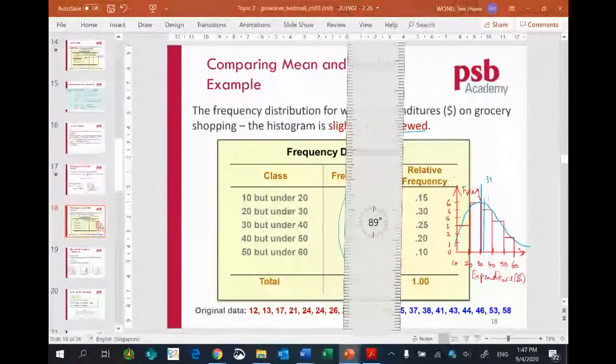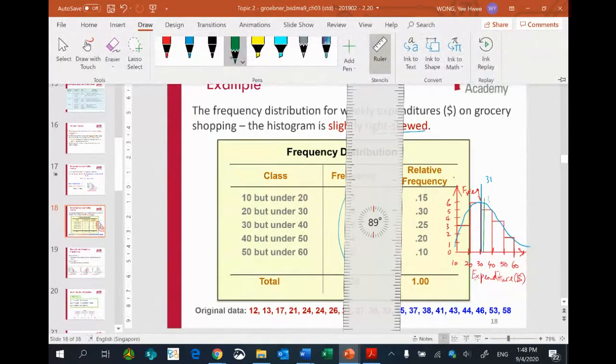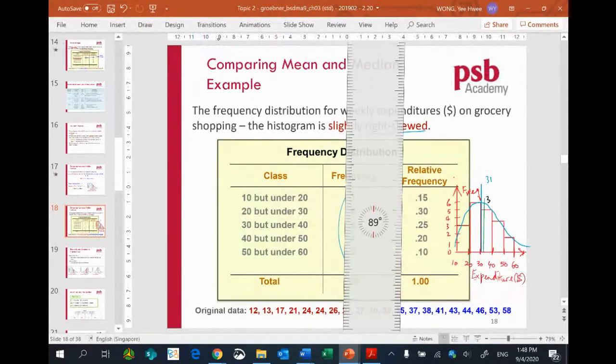So let's see. So you see that this is the mean, yeah? So this is the mean, and that is the median.